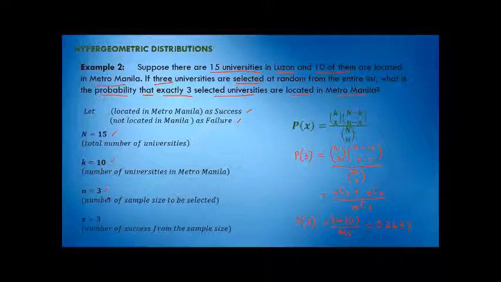So, small n is equals to 3 kasi if we're going to select at random 3 universities. And then, the number of success from the sample size is equals to 3 because probability of exactly 3 are located in Metro Manila. So, ito ang totality ng Metro Manila, 10 universities, tatlo ang manggagaling dyan. Okay?